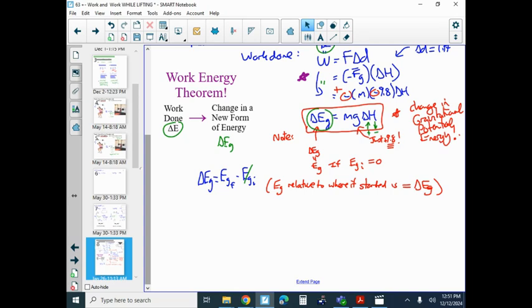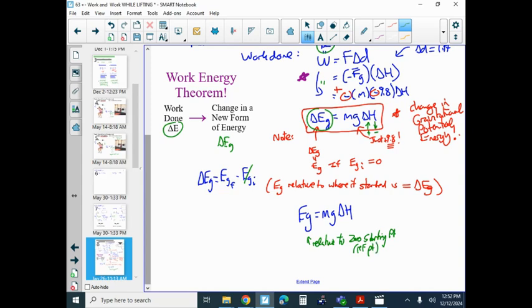If you fall off your chair, you'd quickly find out that you had some gravitational potential energy relative to the floor, right? But oftentimes you'll just see Eg equals mg delta h. And this is basically just Eg relative to a starting point, relative to a 0 starting point or reference point.